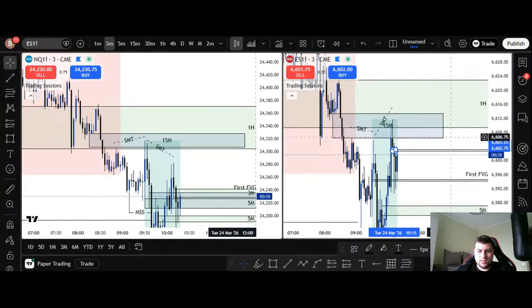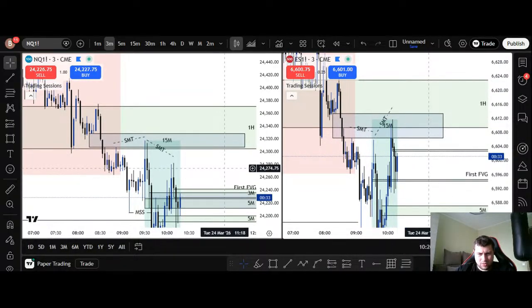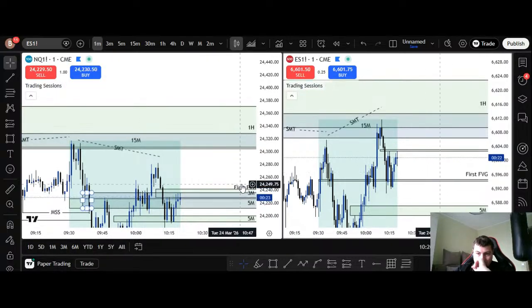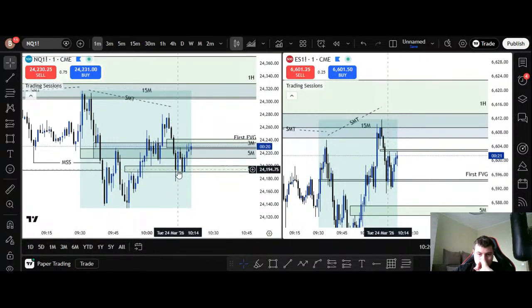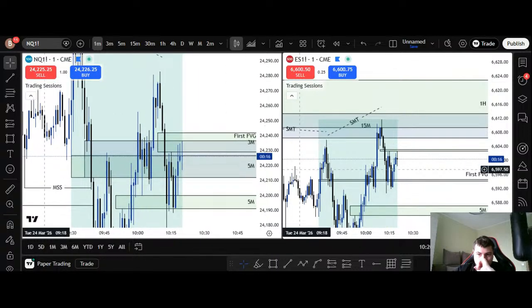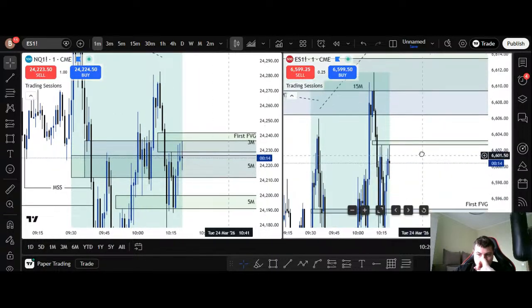I can see that ES is a bit stronger, so maybe I can consider entering longs on ES. But let's see. Potential Y22 entry model forming up as well, by the way. Okay.